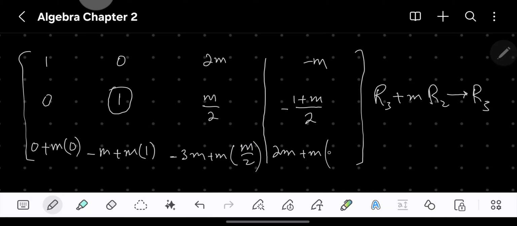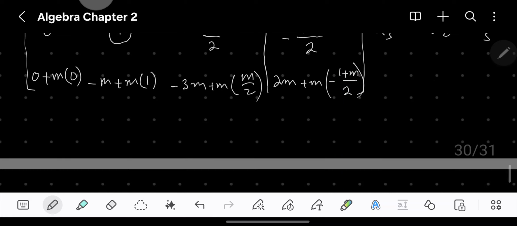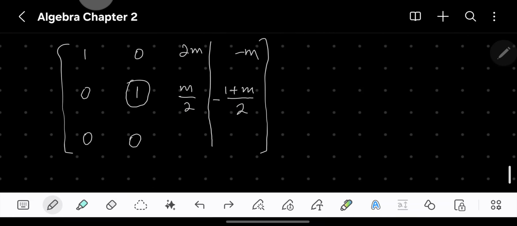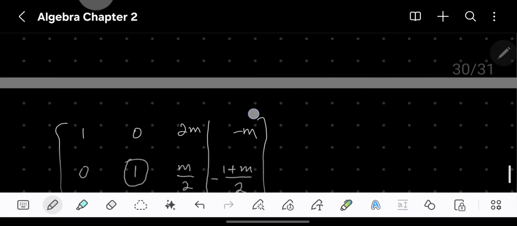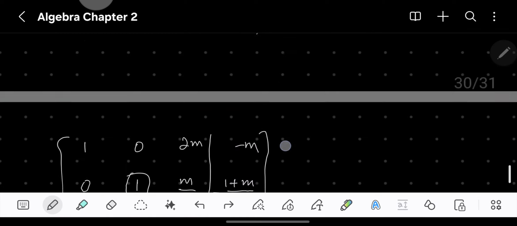R2 is minus 1 plus m by 2 here. So these calculations are complicated. Look at that. This is 0 plus m times 0, which is 0. 0 plus 0 times something, 0. Minus m plus m, this is also 0. So I have written here 0.